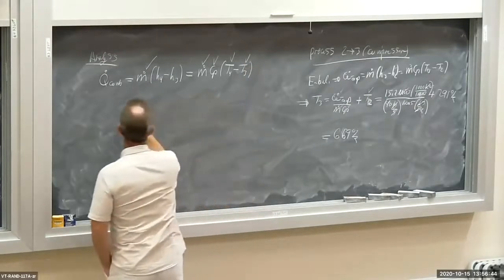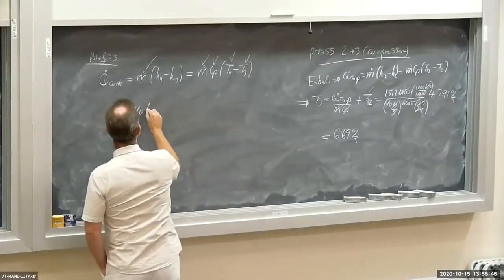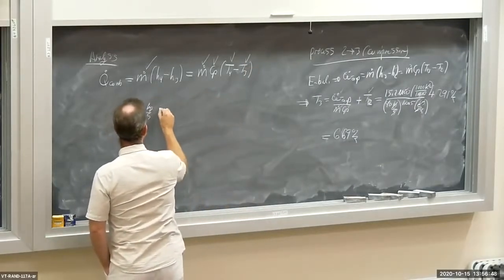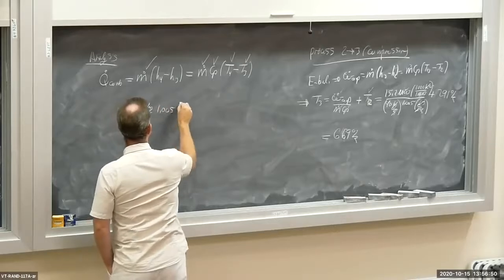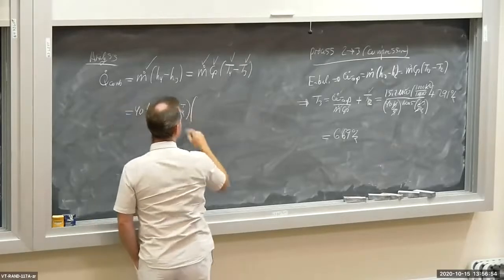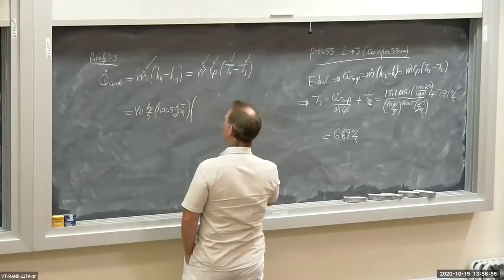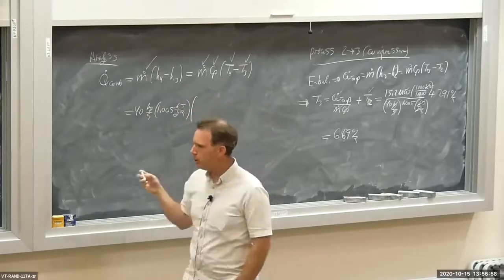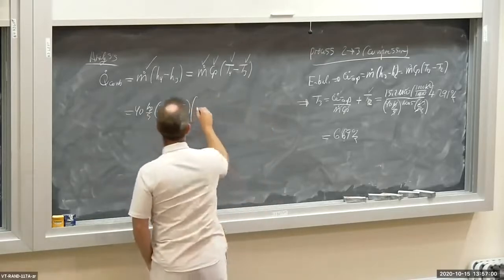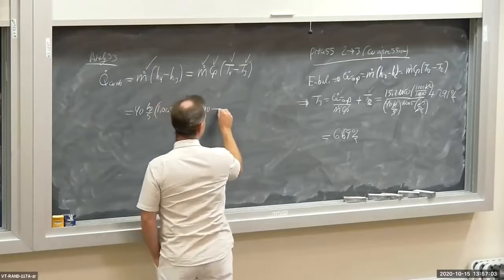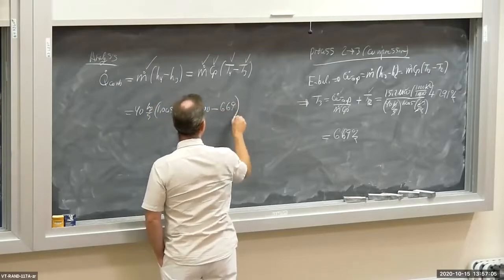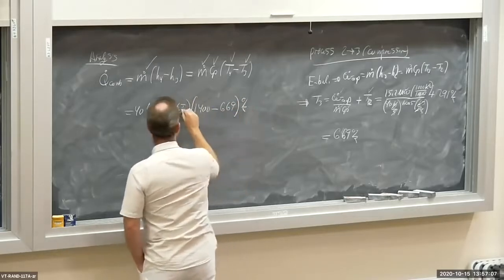Okay, let's see here. 40 kilograms per second, 1.005 kilojoules per kilogram Kelvin, and now I have T4, which is 1400 minus 669 degrees Kelvin.